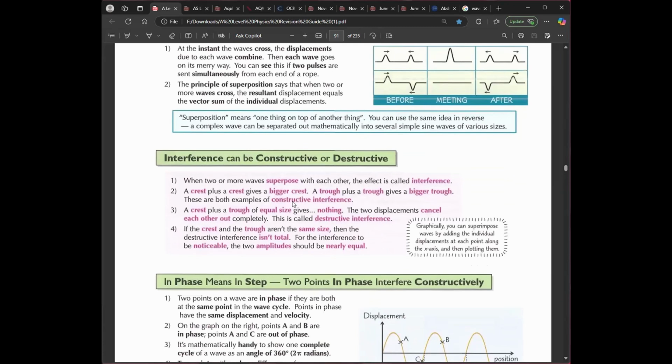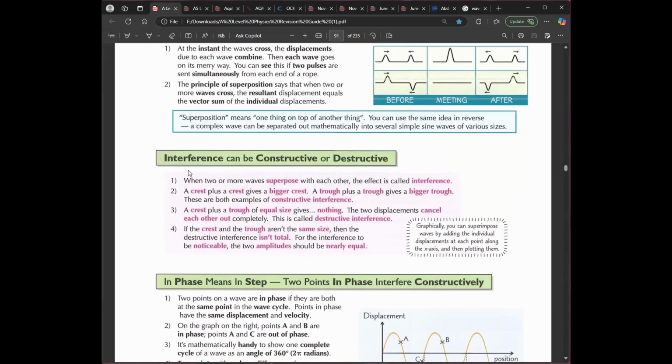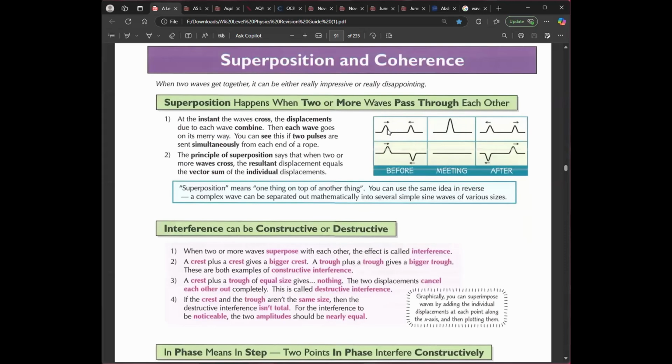So what is happening when you calculate that resultant? That is called interference. Those two waves interfere with each other. There are two types of interference, constructive and destructive. When they constructively interfere with each other, that means that crest is falling on the crest of the other and they are adding up to each other to make a bigger amplitude.